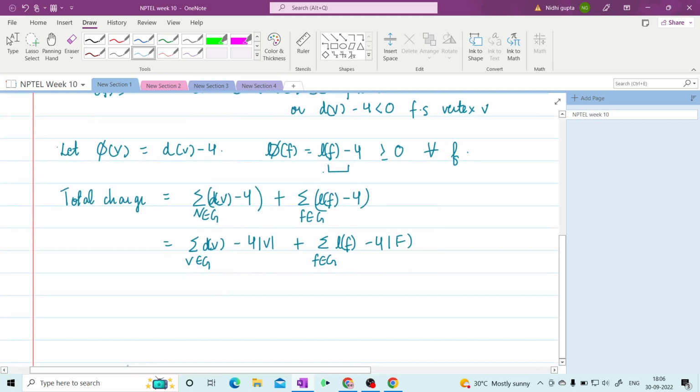Now we know that the sum of degrees of all vertices is twice the number of edges. This is because in a simple graph each edge contributes 2 to the degree sum, so if we sum all the degrees we get 2 times the number of edges.